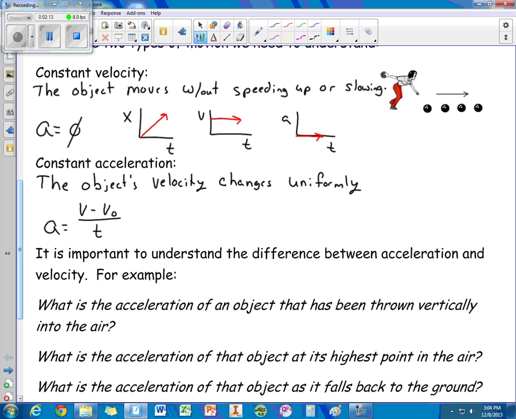If I were to draw a position versus time graph, this would cause a curve to appear. On a velocity graph, since it's changing uniformly, we should see that linear relationship. And then on the acceleration graph, we should see a constant non-zero acceleration.